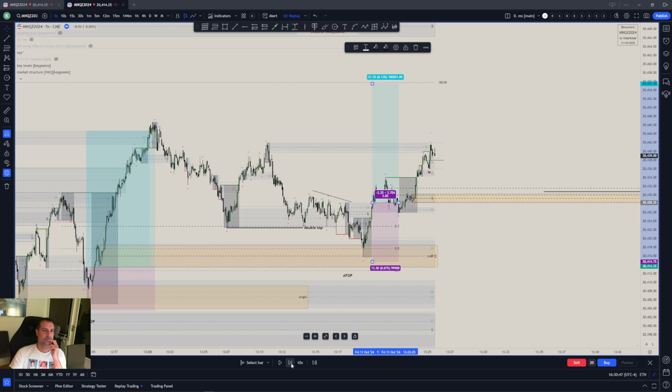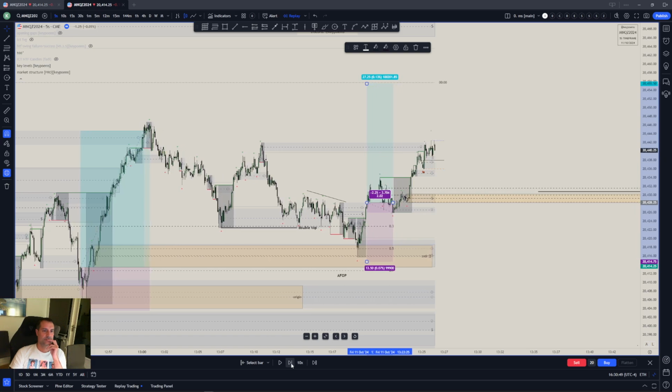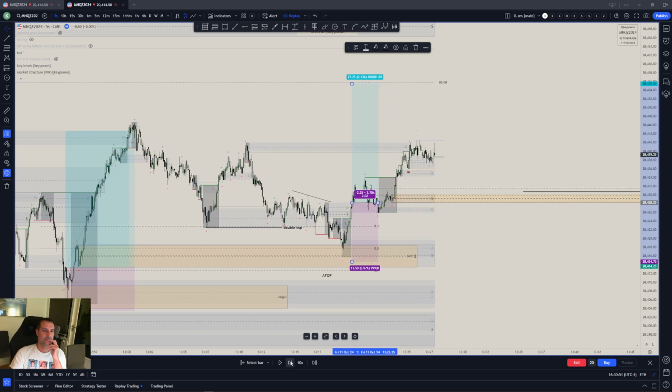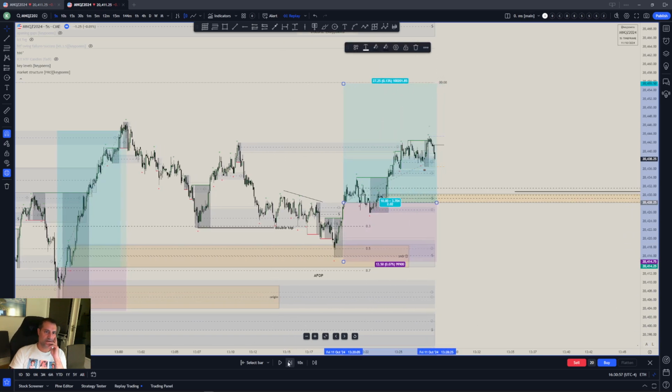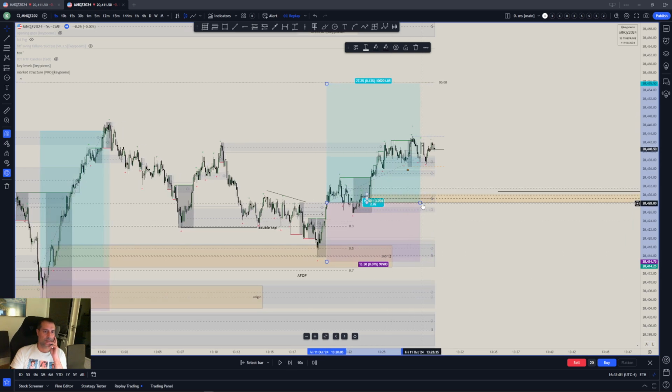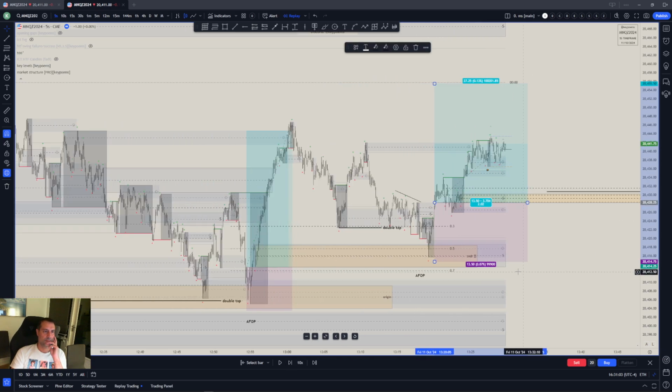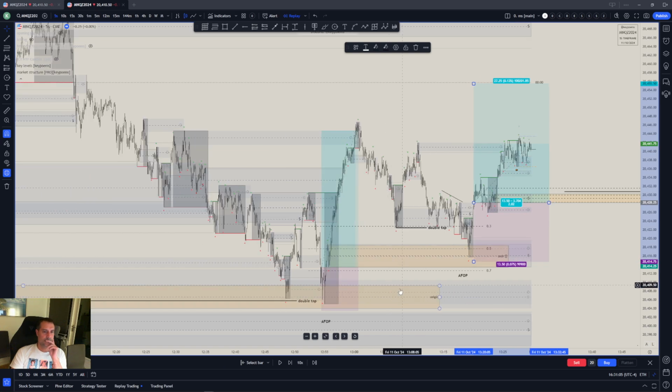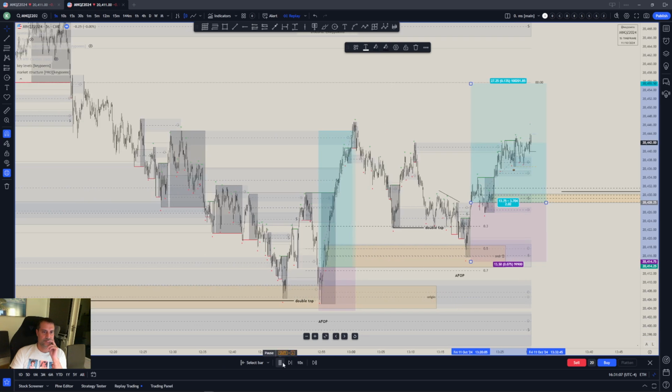We're running. 13 points, so we reached a 1R. Let's see what happens.